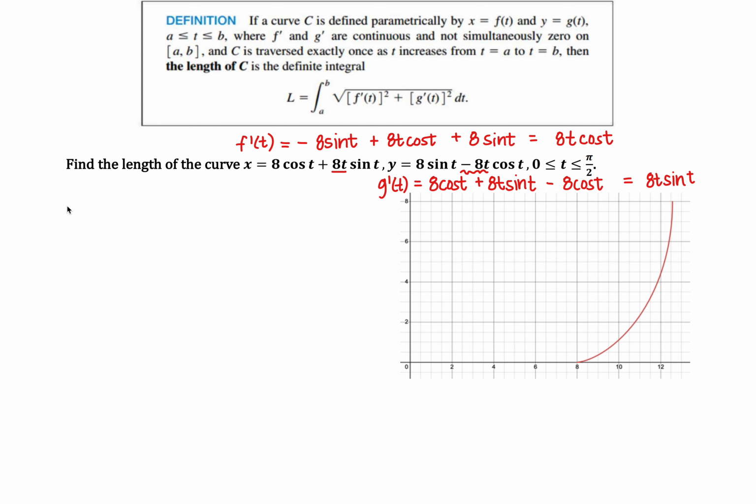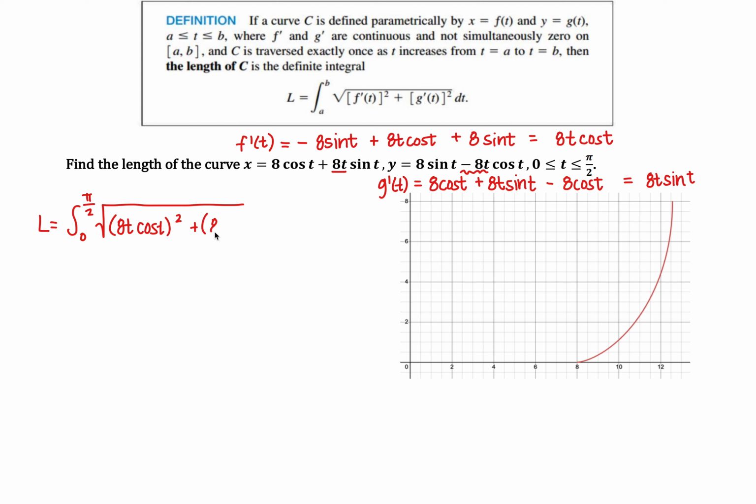So to find the length of the curve, we're going to use that formula. So we're going to integrate from t is 0 to t equals pi over 2. And we're going to have the square root of f prime squared. So it's going to be 8t cosine t squared plus g prime squared.